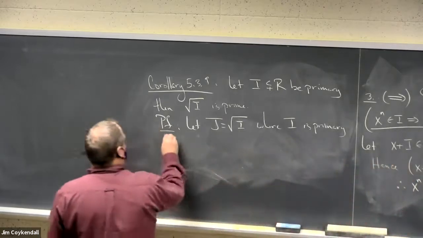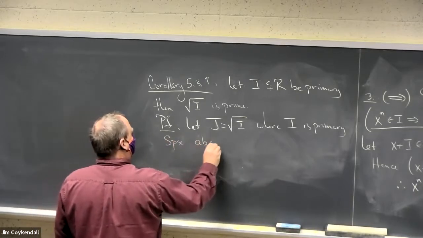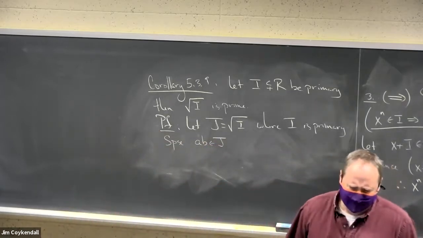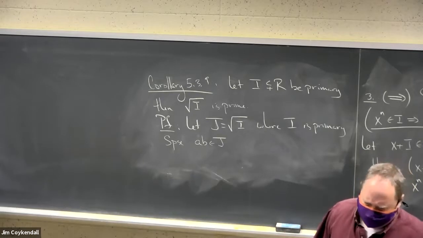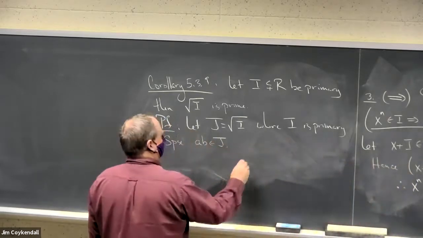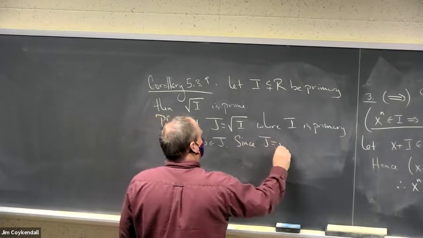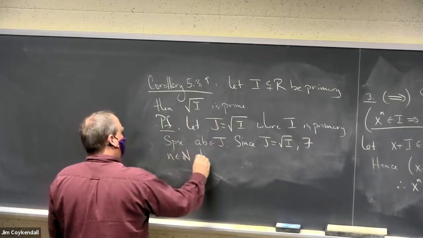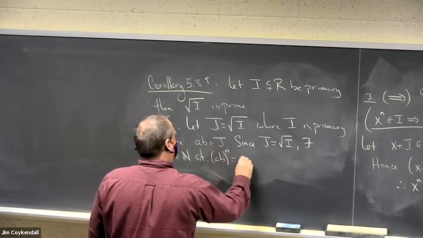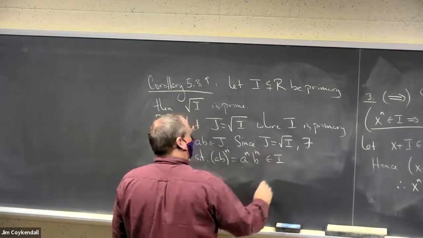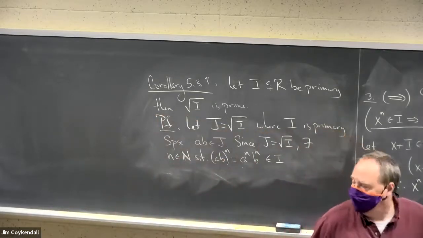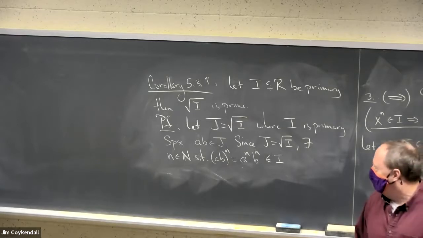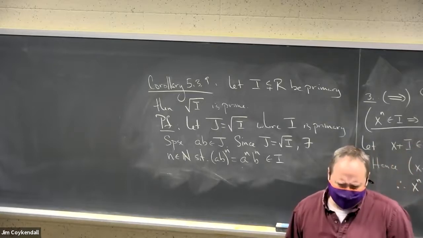Suppose AB is in I. To show that J is prime, I need to show that either A is in J or B is in J. Since J is the radical of I, a big enough power of AB has to push AB back down into I.